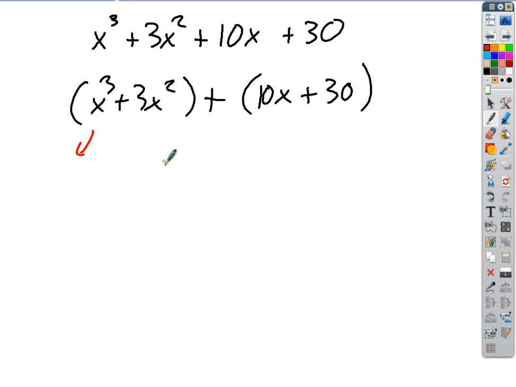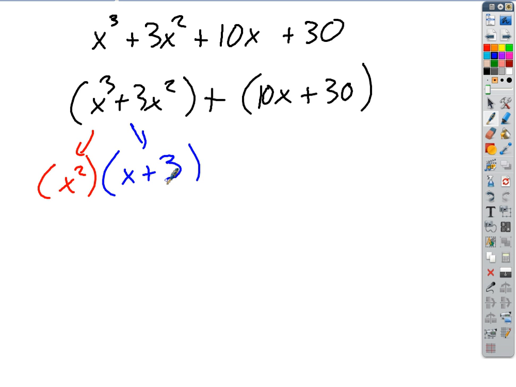Take out the greatest common factor, which would be an x squared, leaving us with what? x plus 3. Okay, x squared times x would be x cubed. x squared times 3 is 3x squared.